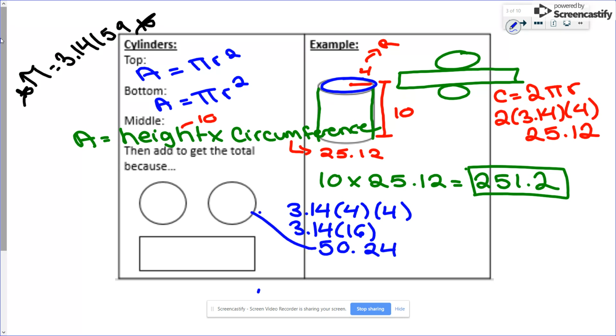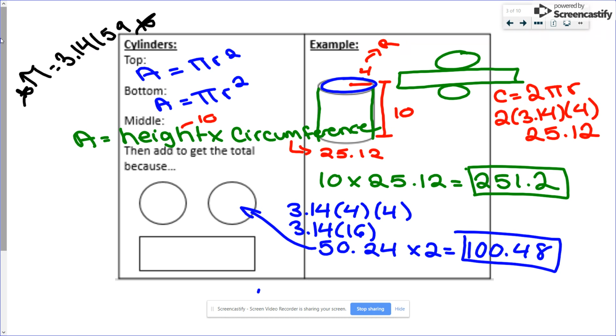So that is for 1. But we have 2 circles. So I need to take this and times it by 2, and we get 100.48. I'm going to circle that one too.